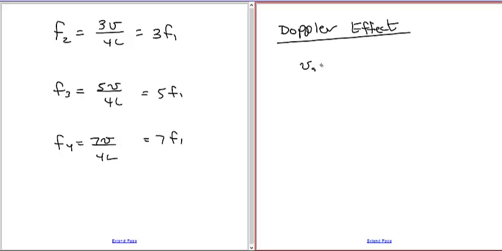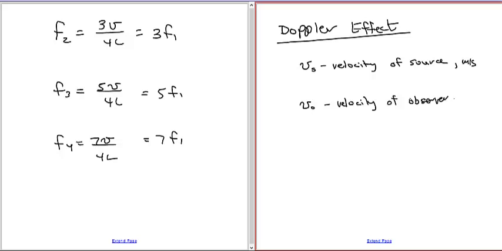V sub s, that's the velocity of the source. So that's where the sound is coming from. That's in meters per second. And then we have the velocity of the observer, V sub O. So that's the thing that's observing it, which is usually us or some person.